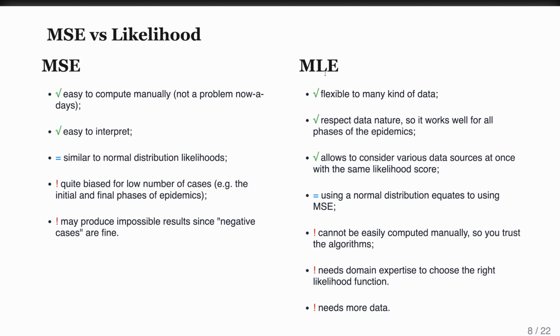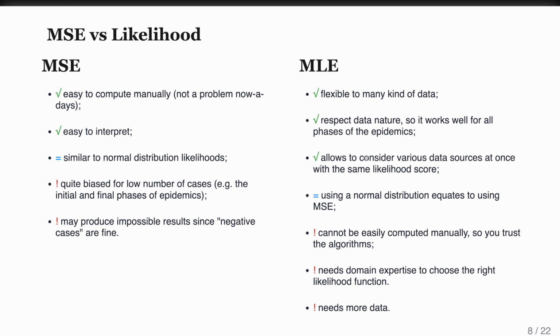On the other hand, maximum likelihood estimation is much more flexible, because you can have different likelihood functions for different kinds of data. Therefore, you respect the data nature. So if something is integer, you use a distribution for integer values. If something doesn't go below 0, you use a distribution that doesn't go below 0.